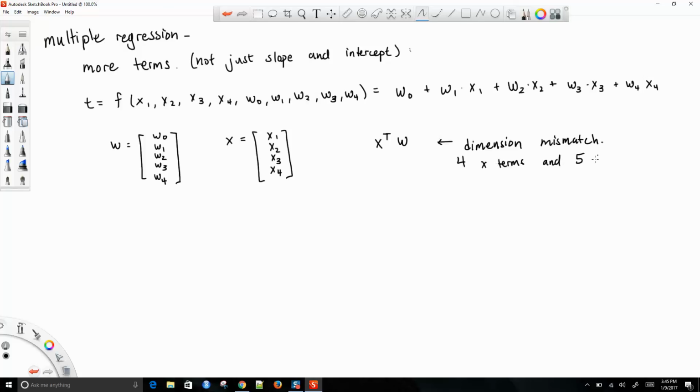So what we do in order to accommodate the fact that we have an intercept, which is not a variable, is we modify our X. We keep the same W, but our X now has the value 1 appended to it.